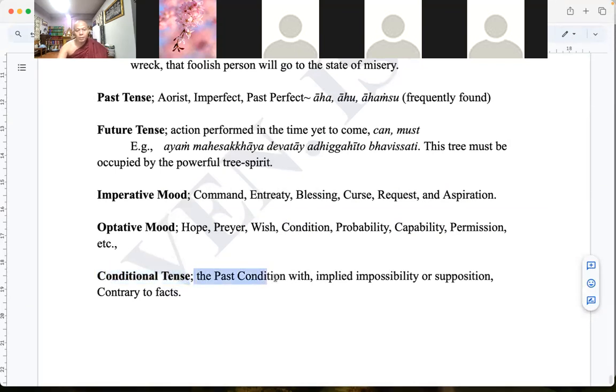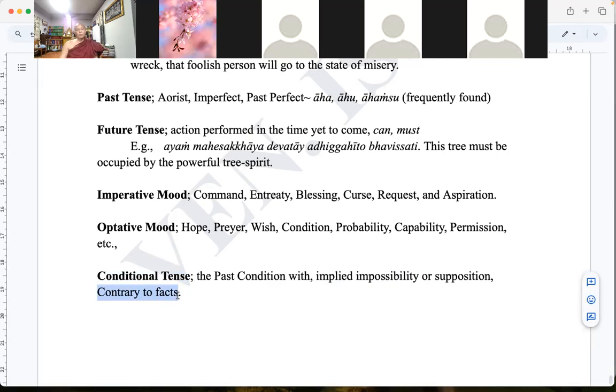Also, to denote the past condition, maybe implying impossibility or supposition, contrary to the fact, contrary to the current happening, not expressed. So if that condition happened, it would be successfully completed.